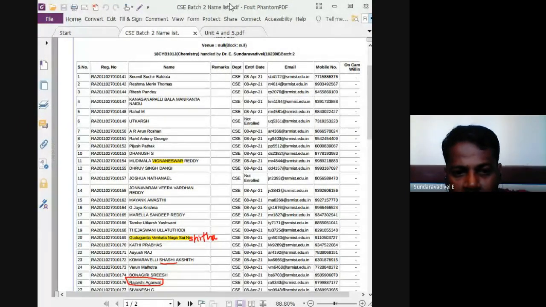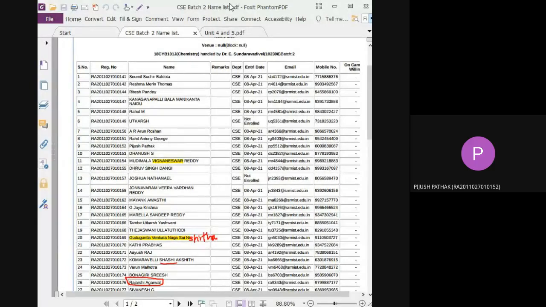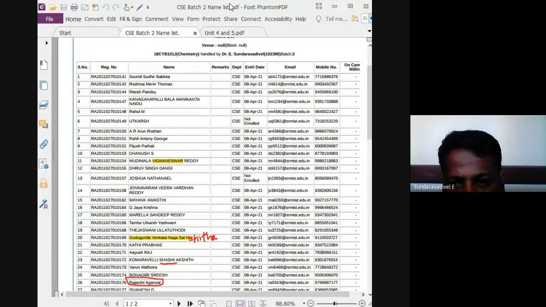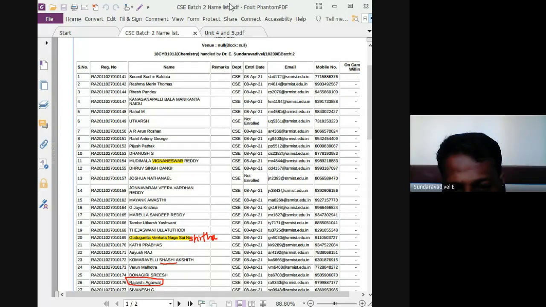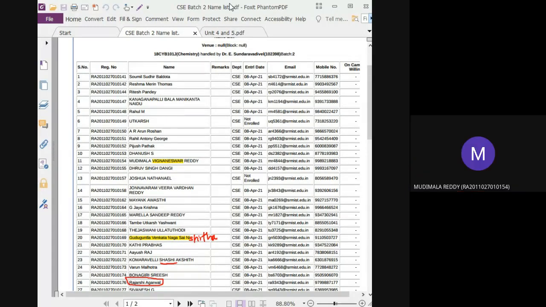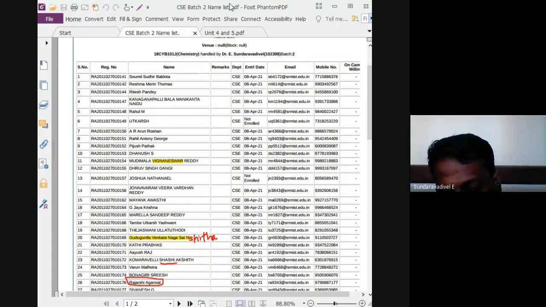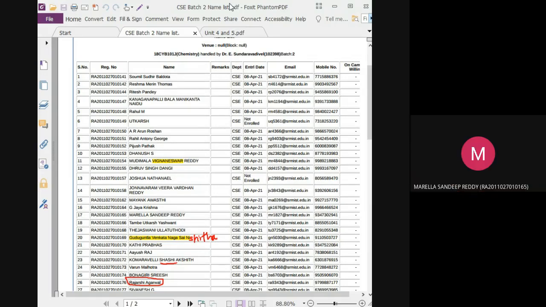Piyush, present, sir. Dhanush, 153. Vignaneshwar, present, sir. Dhuru, present, sir. Veeravardhan, present, sir. Mayank, present, sir. Jayakrishna, present, sir. Sandeep, present, sir.